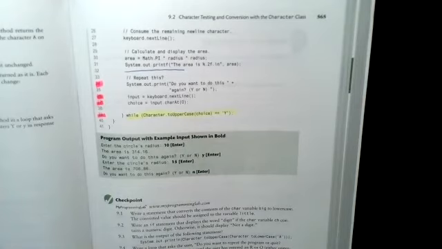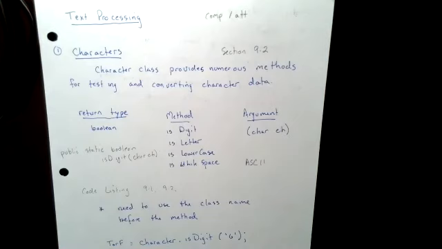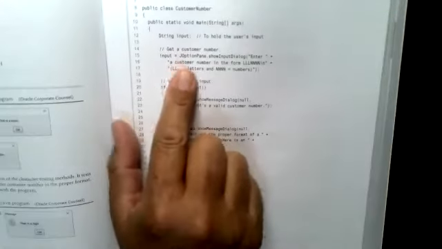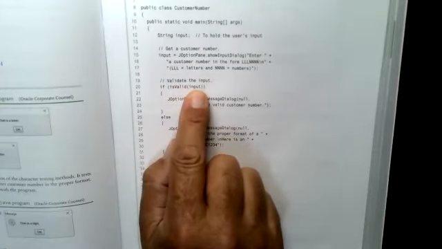Okay, questions on code listing 9.3? I have a question about 9.2. Do you see where it says one of the methods, it's a private static boolean isValid? I'm up here in the main and I come down and I say isValidInput.